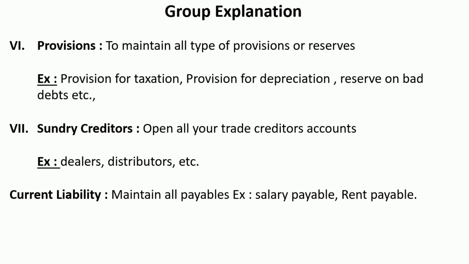If in the present month it's not possible to pay the salary or rent, in the current month's account, we can take it as rent payable or salary payable. That means salary which is due, rent which is due. That we will call as a current liability.